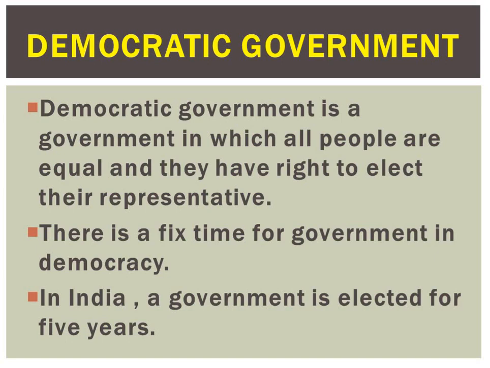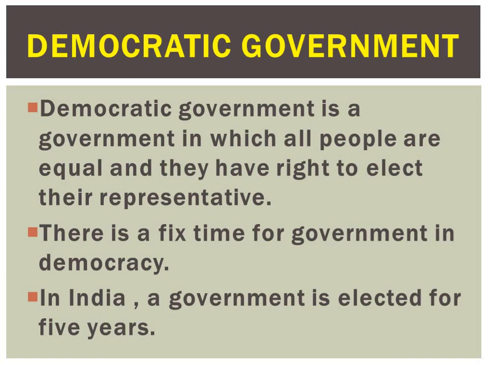Here in India, the fixed time for a government is 5 years, and it is known as the tenure of the government. So after every 5 years, elections are held in India to elect the government or to elect the representatives in the government. And this time period or tenure is 4 years in America.